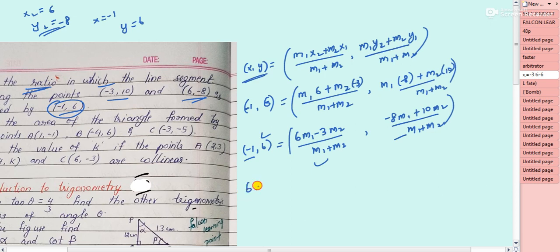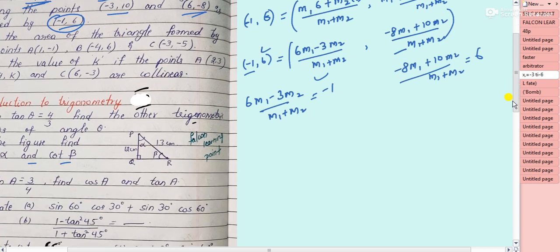So what will you get? 6 m1 minus 3 m2 divided by m1 plus m2 is equal to minus 1, and here you will get minus 8 m1 plus 10 m2 divided by m1 plus m2 equals 6. Got it? So on doing the cross multiplication, here you will get 6 m1 minus 3 m2, which is equal to, multiply this by minus 1, this is minus m1, and this is again minus, not plus, because plus into minus is minus m2.